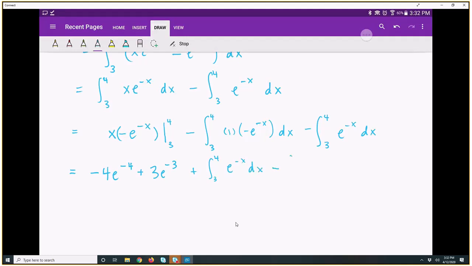And I have negative integration 3 to 4 e to the minus x dx. So all of that just gives me 0, and I'm left with minus 4e to the minus 4 plus 3e to the minus 3, and that is the answer to this question.